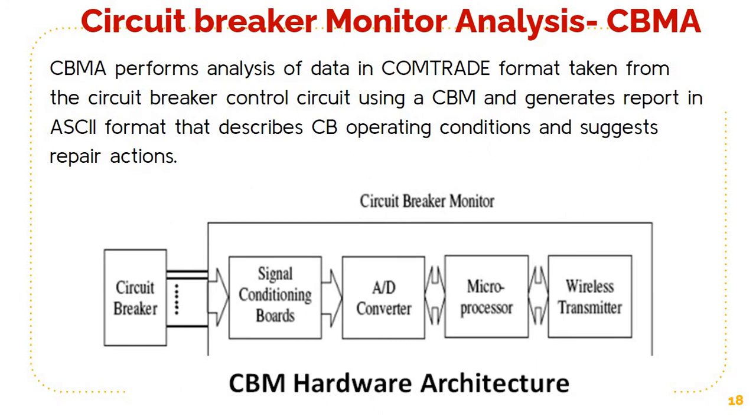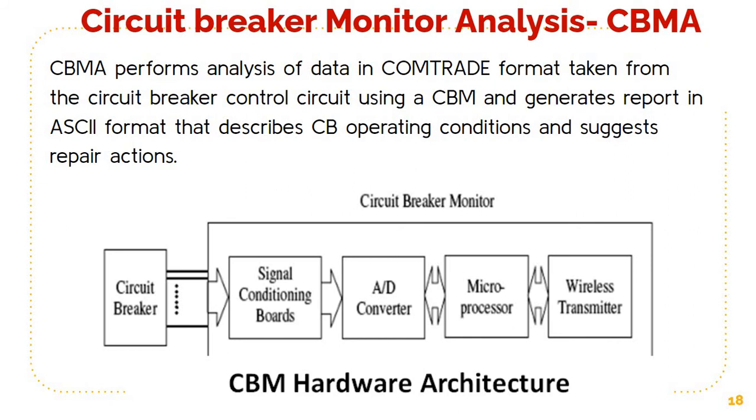Now what CBMA does is it performs analysis of data in COMTRADE format taken from the circuit breaker control circuit using a CBM, and generates a report in ASCII format that describes the CB operating conditions and suggests repair action.